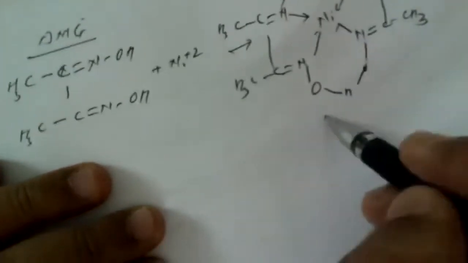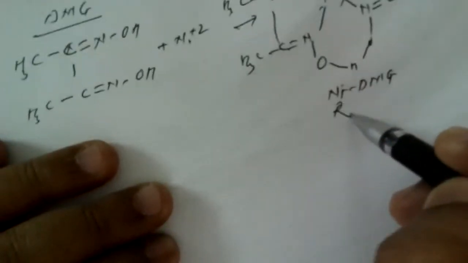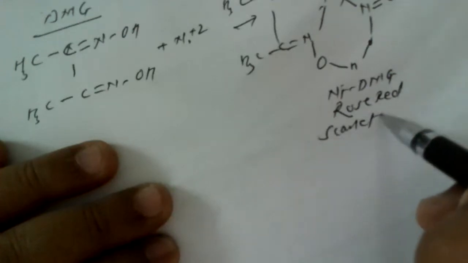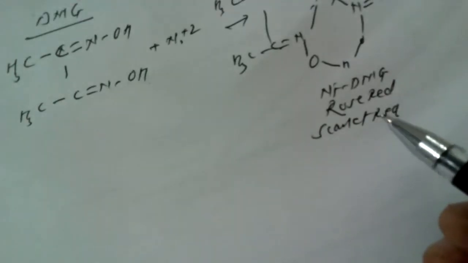So this is the structure of the nickel dimethylglyoximate complex, which has a rose red or scarlet red color when obtained. So this is how dimethylglyoxime can be used to test for nickel.